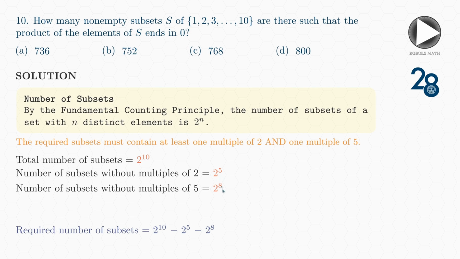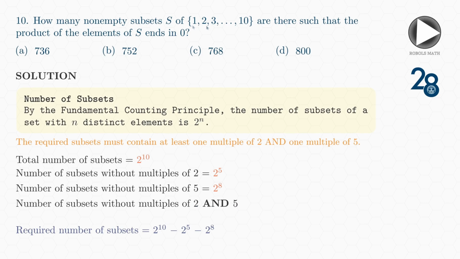You get me? This is what is commonly referred to as the principle of inclusion and exclusion. The general idea is to avoid overcounting. So in this case, we want to add back the overlap, which is the case when the subsets do not have multiples of 2 and multiples of 5.